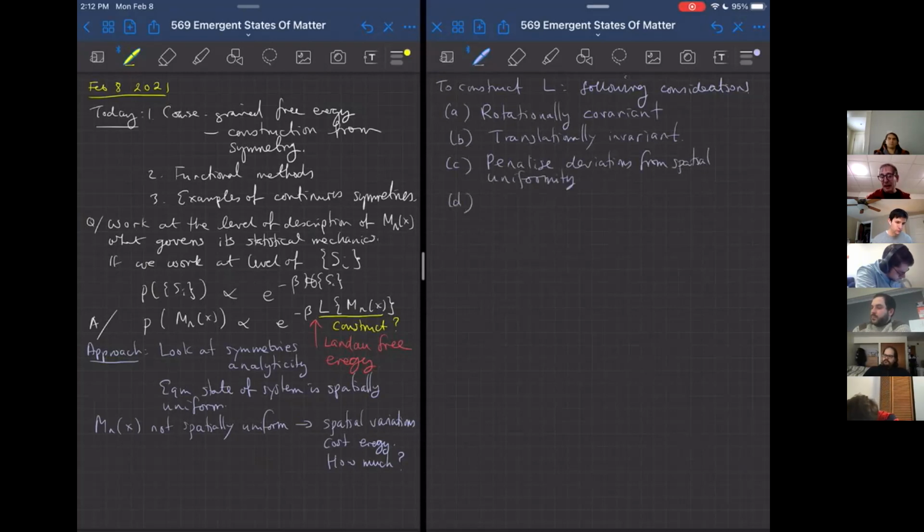It should also be local in space. And then if we're near the transition, we expect m to be small.